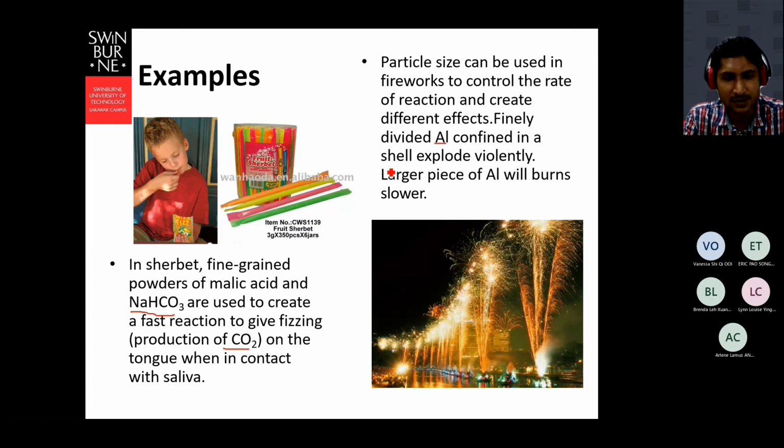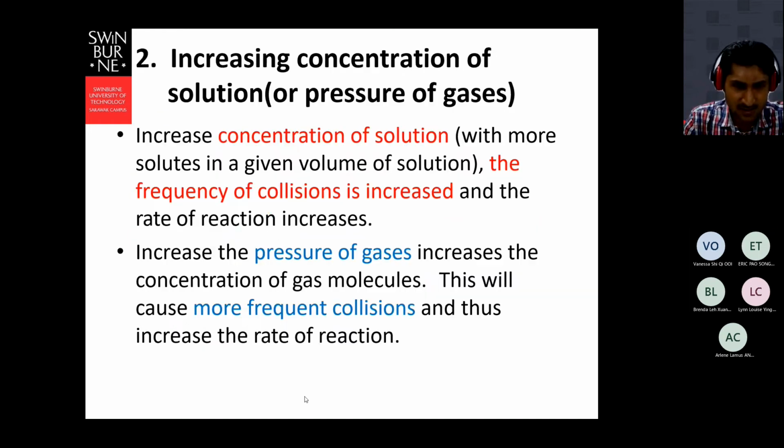If we do not mix, the aluminium is coarse, so it will not burn that much. So when a firecracker needs to burn at a very fast pace, it uses very fine particles, and when it needs to burn slowly, like a burning fuse, it uses bigger particles.